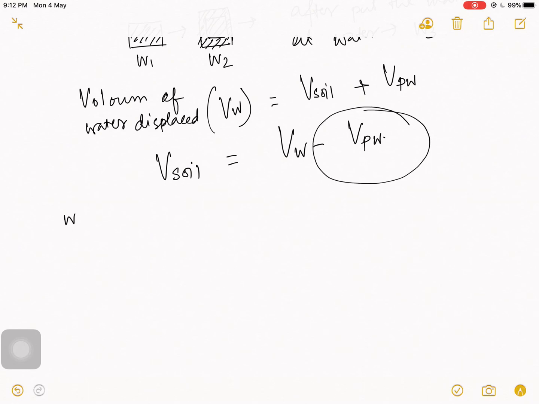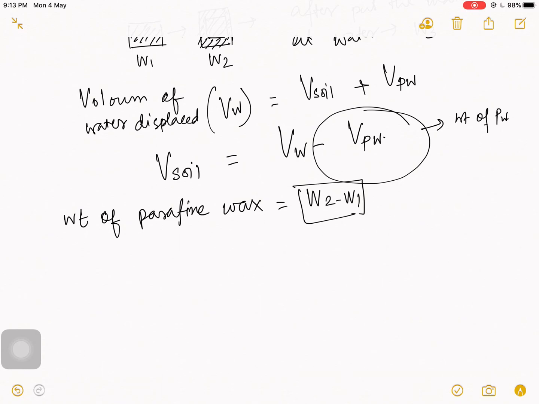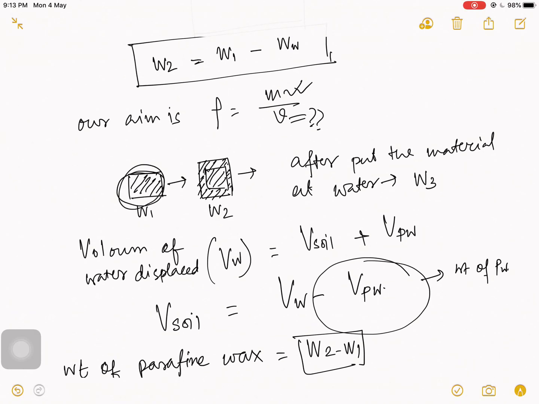To find out the volume of paraffin wax, we need to know the weight of paraffin wax. The weight of paraffin wax is equal to W2 minus W1. Why? Because W1 is only the material, W2 is the material plus paraffin wax. Then definitely W2 minus W1 is only the weight of paraffin wax, right?